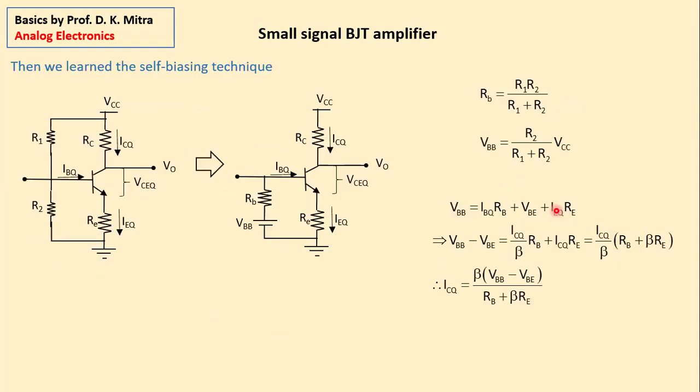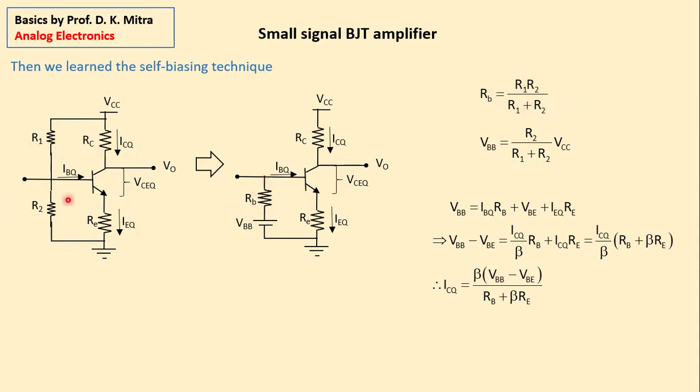Here also we have learned the self-biasing technique. This is the self-biasing circuit. This was the equivalent of this parallel series combination potential divider. And from here we found, you remember from your note, the value of RB is equal to R1 R2 divided by R1 plus R2.